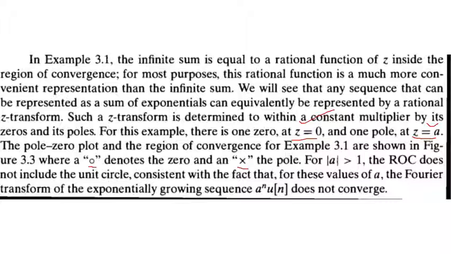And our region of convergence is z mod greater than a mod. As long as our values of z are greater than a mod, the sequence will converge and the value of a is 1. So I can take any value of z that is greater than 1, our sequence will converge. Let's move on to next slide and finally see this out.